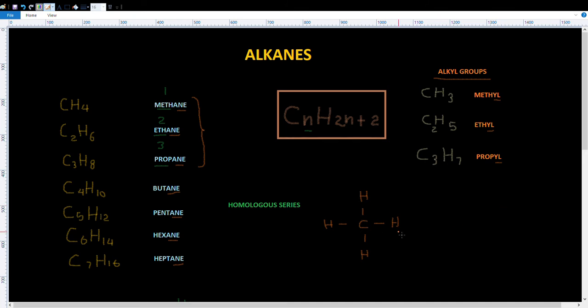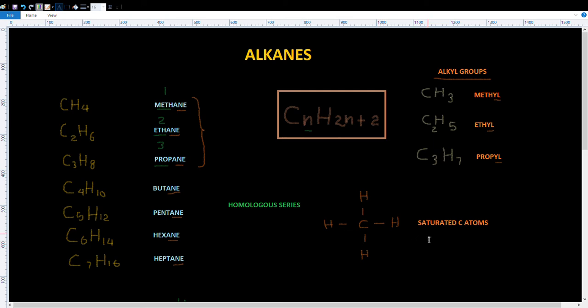Alkanes consist of saturated carbon atoms. Saturated means fully occupied. If you don't get the idea, I would further explain it with another concept, of course.